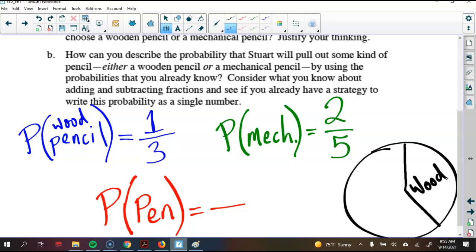Yeah, 15 is a good one, right? Make sure we're multiplying on top and bottom. Most groups are telling me 15 would be a good denominator.